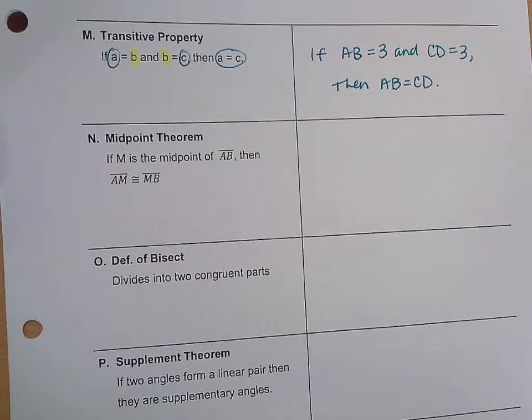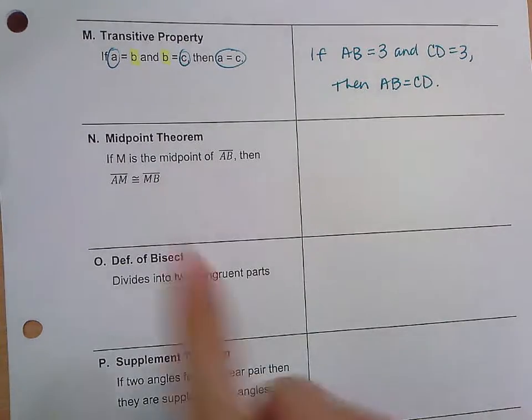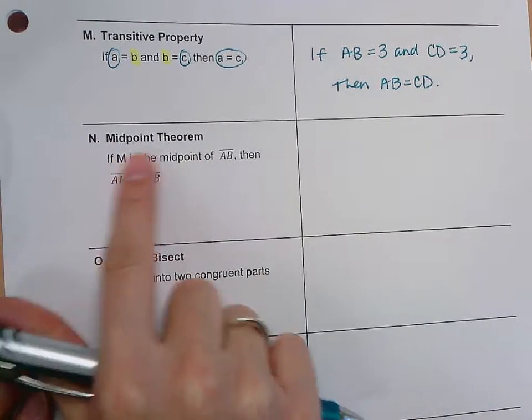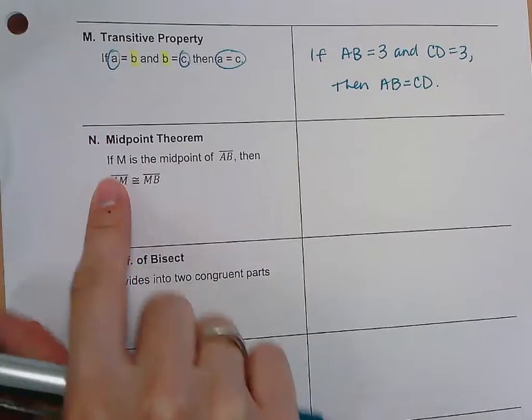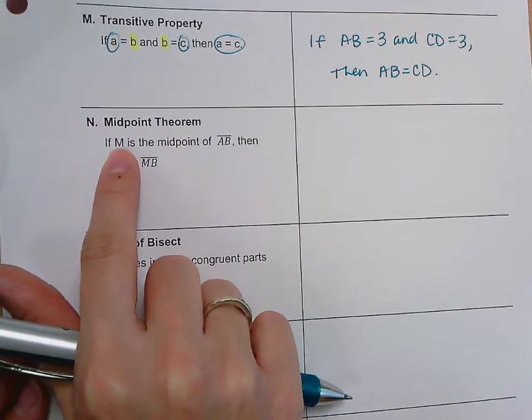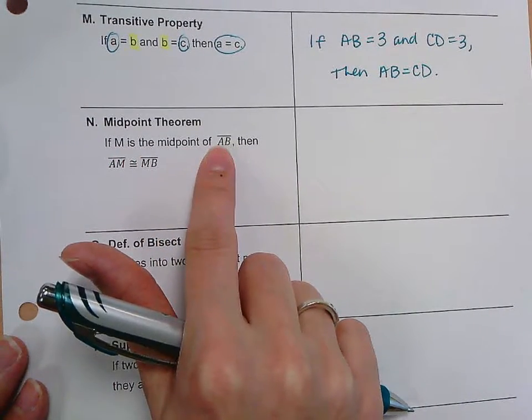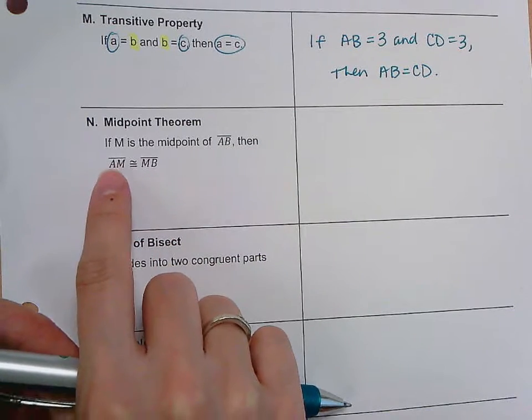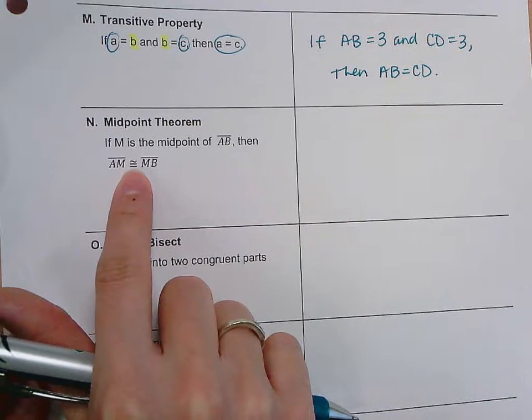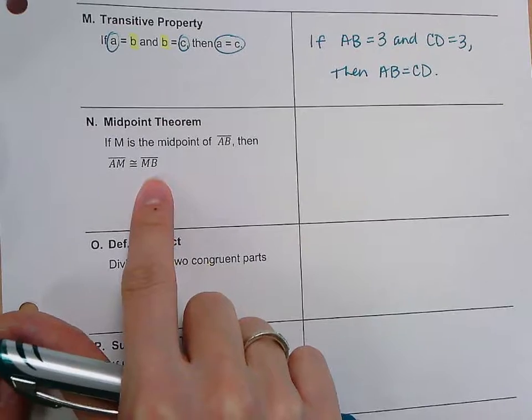Now getting into more geometric properties, postulates, theorems. Some of these we've already talked about, or at least talked about definitions. So we've talked about midpoints. Midpoint theorem says that if point M is the midpoint of segment AB, that means that segment AM must be congruent to segment MB.